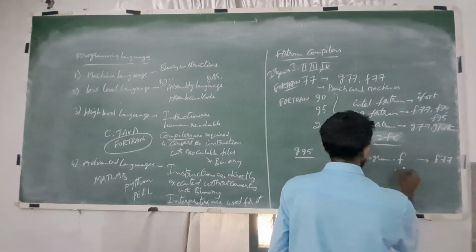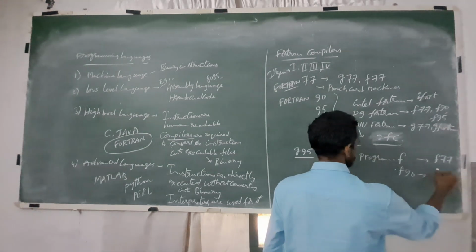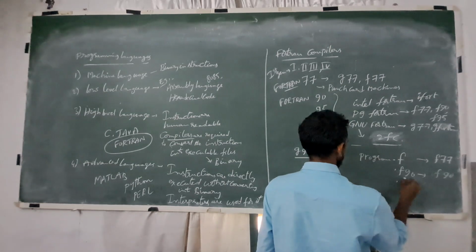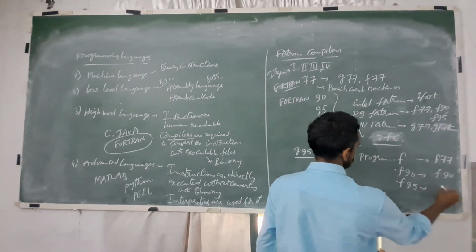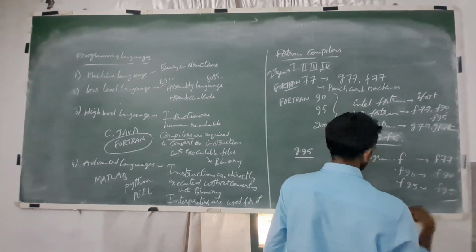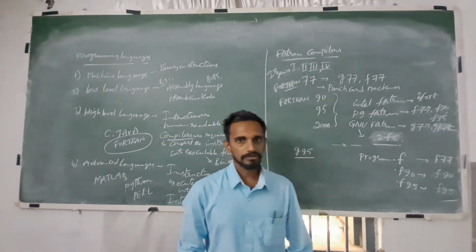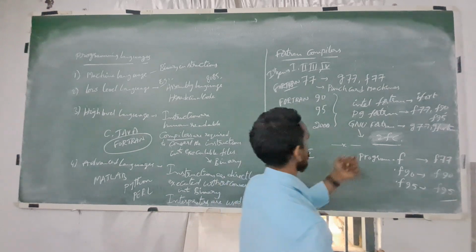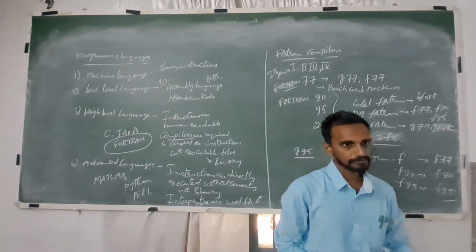If you give .f90, it is considered as FORTRAN 90. If you give .f95, it is considered as FORTRAN 95. So the file extension name will decide how to process those instructions.